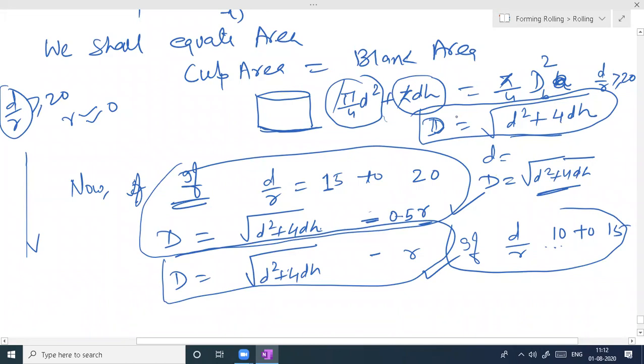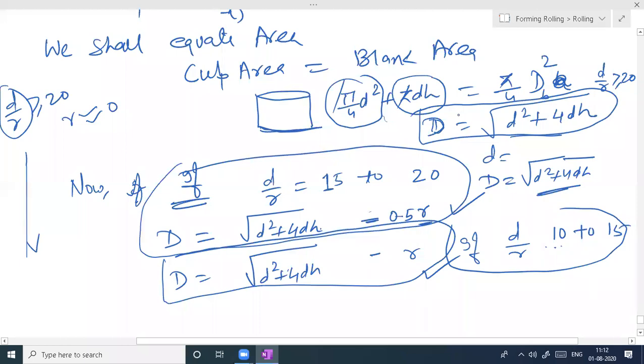Then tensile stress and compressive stress are developed in the deep drawing process. Basically, the deep drawing process is to make a cup shaped product, like all your kitchen utensils, whether it is a bowl, glass, or pressure cooker, anything that is cup shaped.